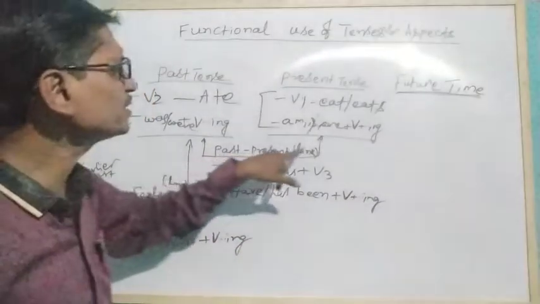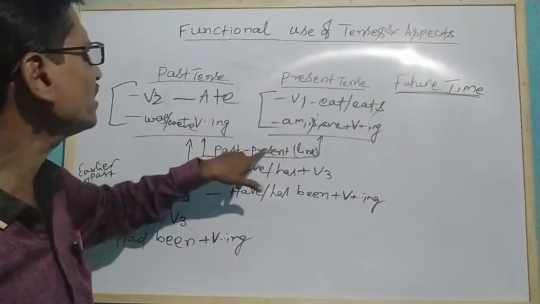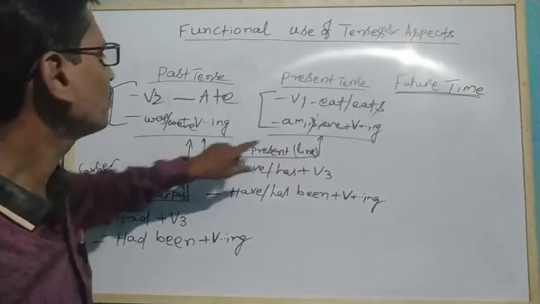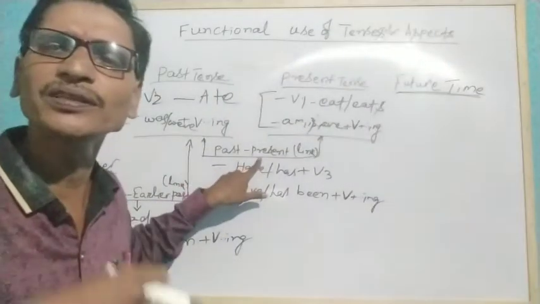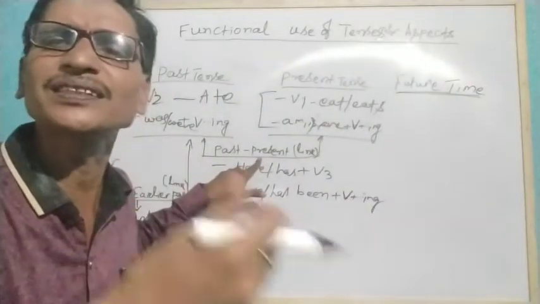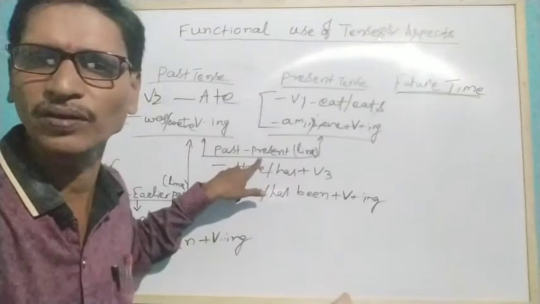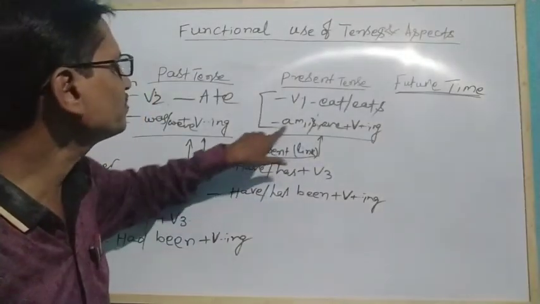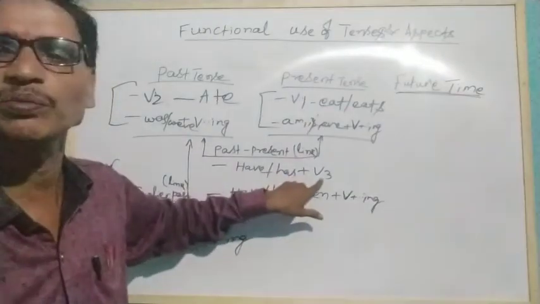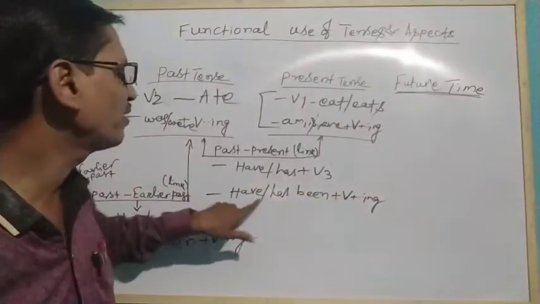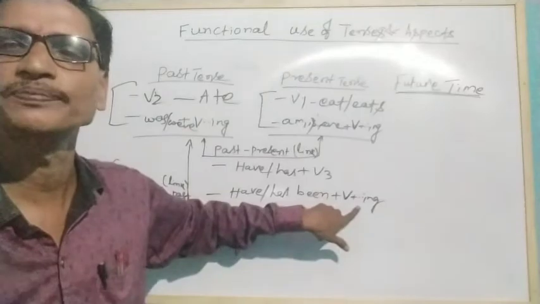We also discussed that when we have a link between past and present, we use other aspects of the verb: have, has plus verb third form, and have, has been plus ing form.